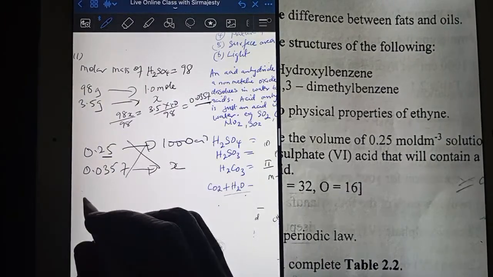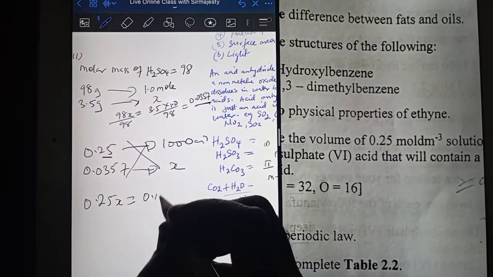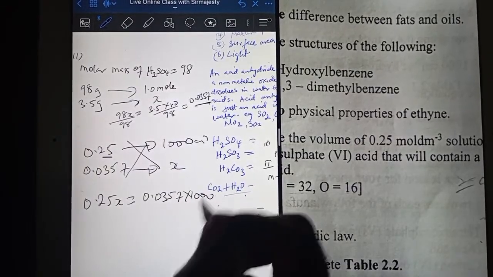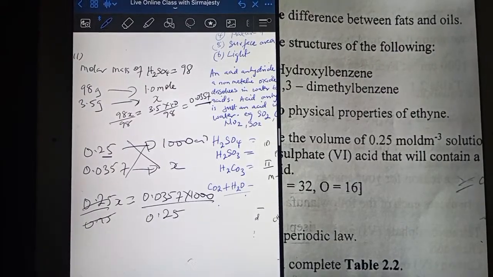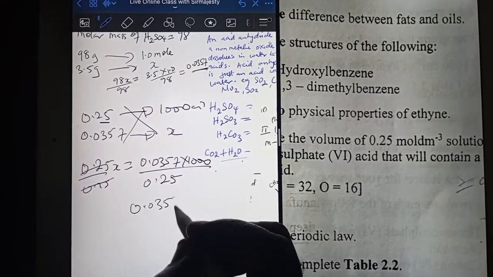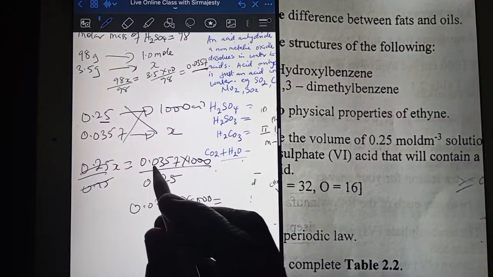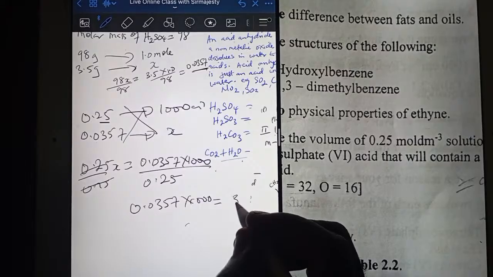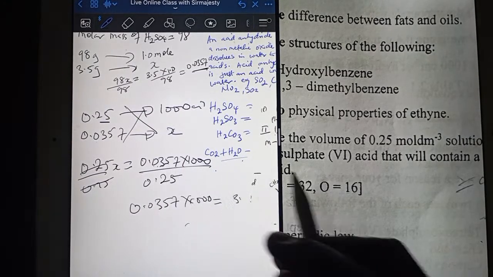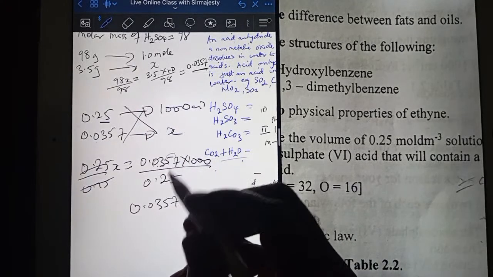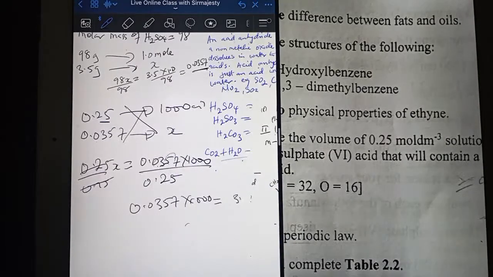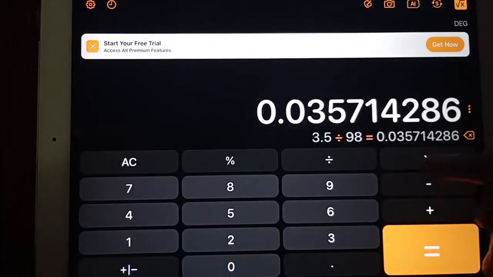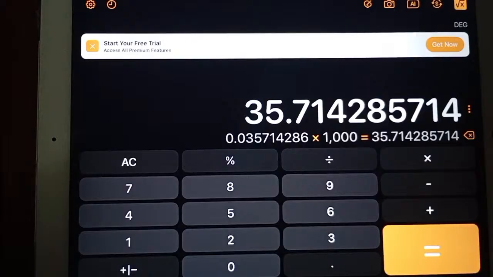So, cross multiply: 0.25x is equal to 0.0357 times 1000. Divide both sides by 0.25. 0.0357 times 1000 is 35.71.